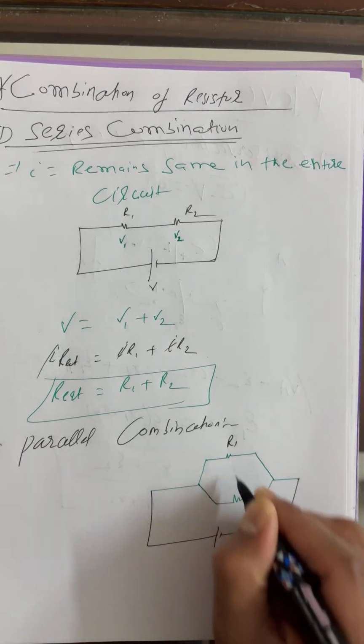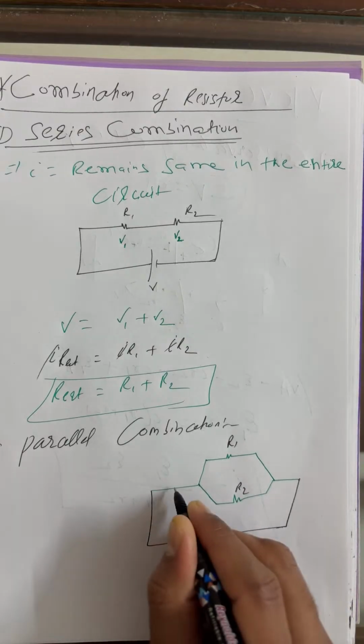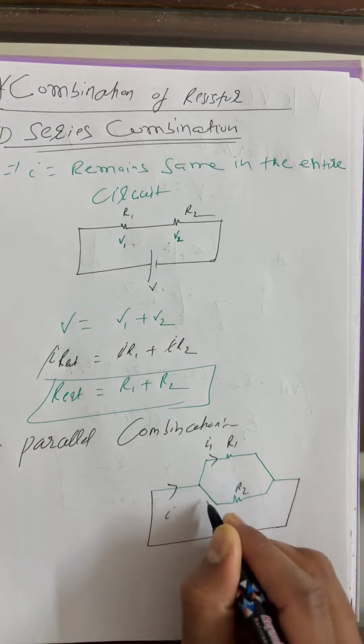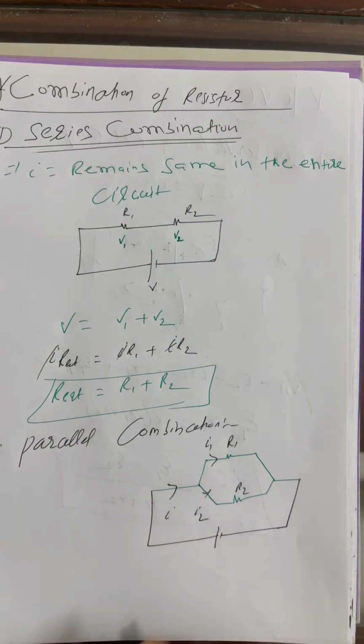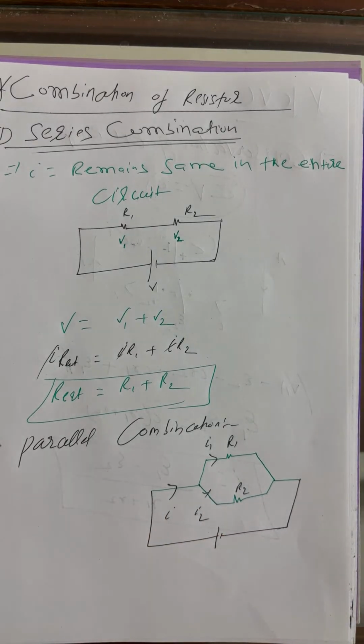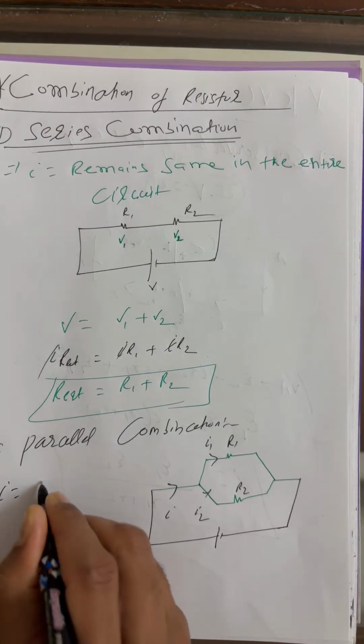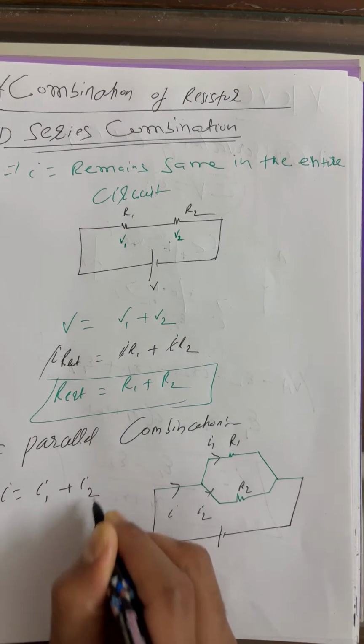This is I, and this current is divided into parts I1 and I2. So here what you can write is I equals I1 plus I2.